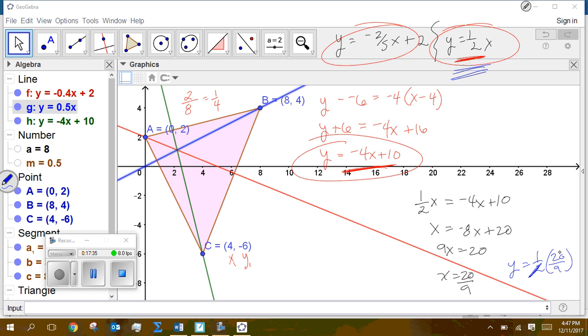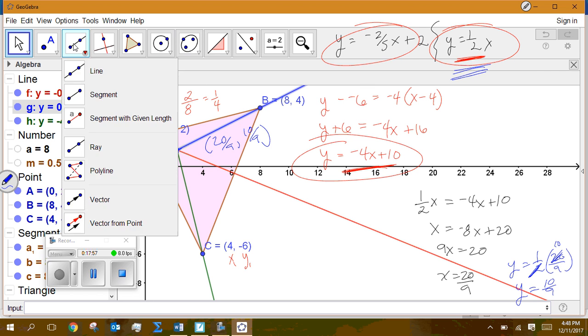That factor of 2 and the factor of 2 in there will cancel out, and I get 1 times 10, which is 10, and 1 times 9, which is 9. So I get 10 ninths. So this ordered pair should be 20/9, comma 10/9.